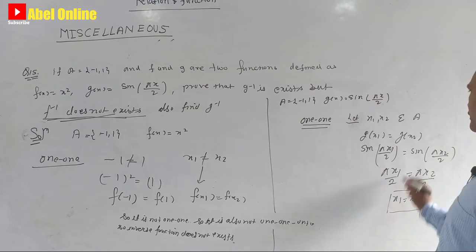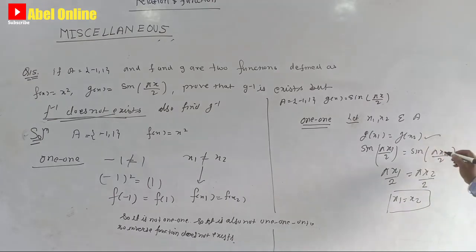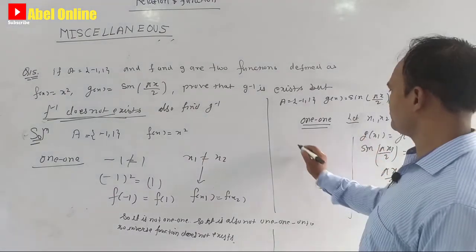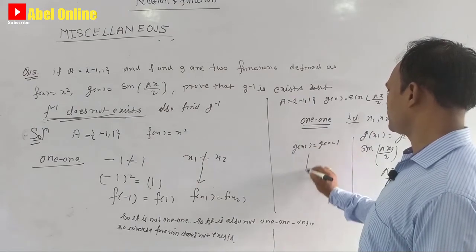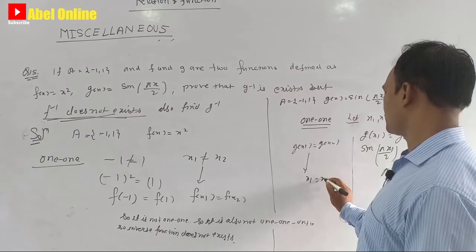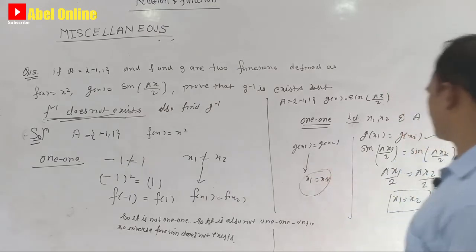Now g(x1) = g(x2), and we have proved that x1 is equal to x2, so we can say that it is one-one.